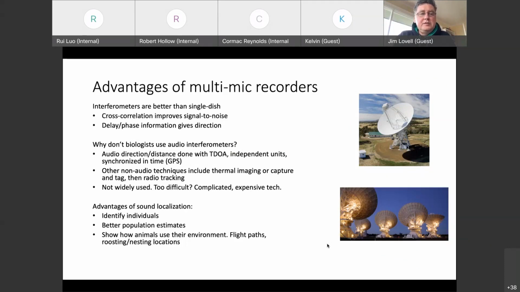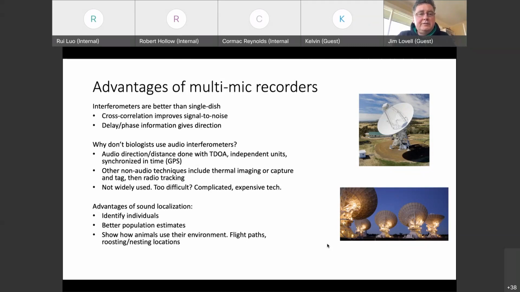So interferometers in radio astronomy are better than a single dish in many cases. If you cross correlate your telescopes, you get a great improvement in signal to noise, because all of the noise in an individual antenna is unique to that antenna, and when you correlate, all that basically goes away, and you're left with the signal, which is good for radio astronomy because the signal to noise is much less than 1.